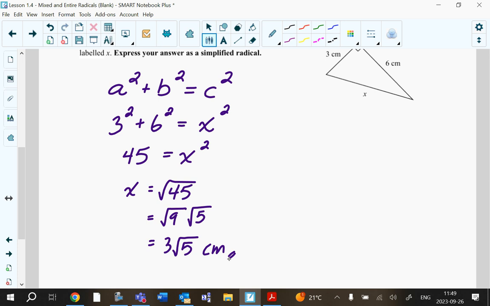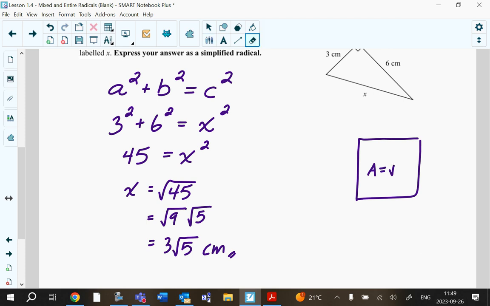Okay, what if I gave you this? You don't have to write this down. Here's a square. The area is 12. We won't worry about the units. I want to know the length of one side.